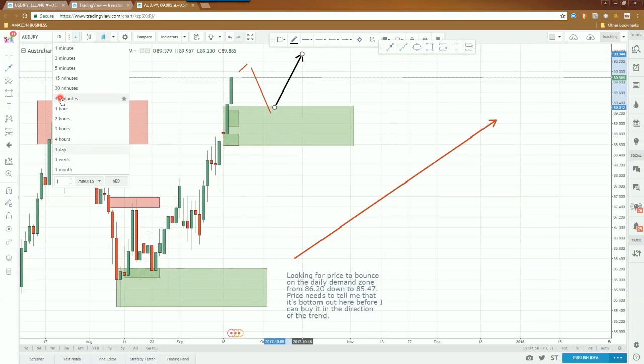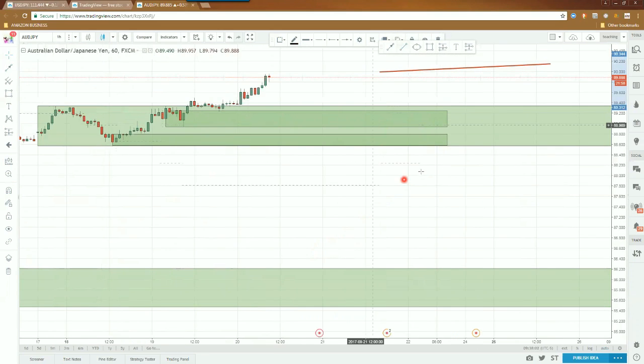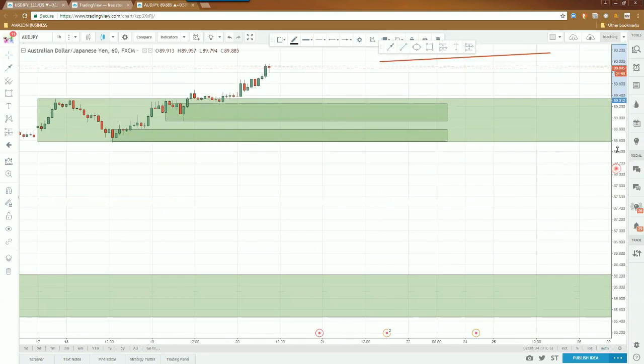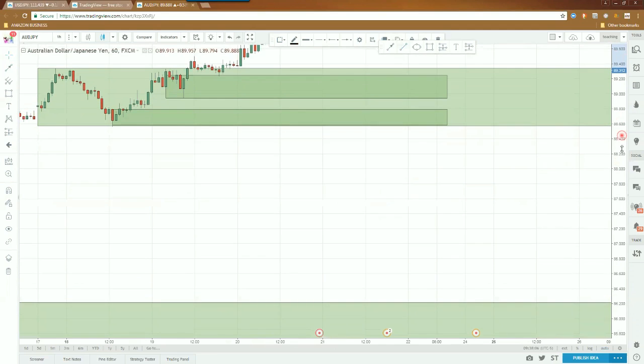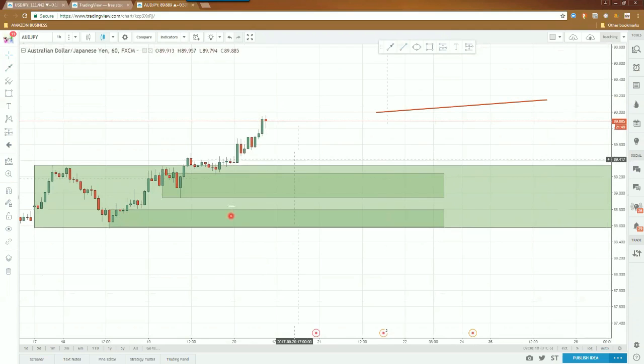And as we move down into the hourly time frame, let's go ahead and do that. I'm just going to identify a couple of the support zones that sit inside of this big daily demand zone. So we have a nice little support zone there and a zone there.